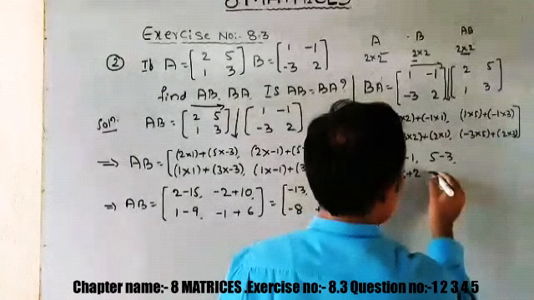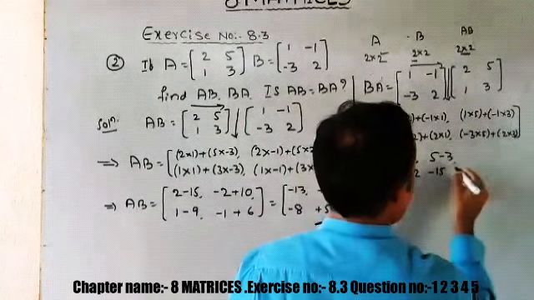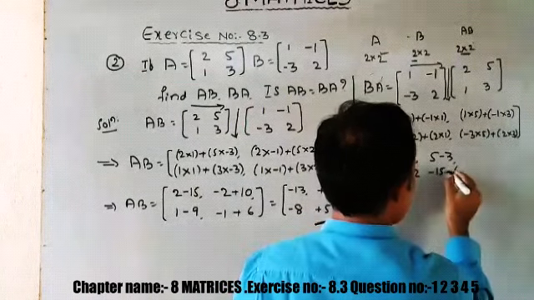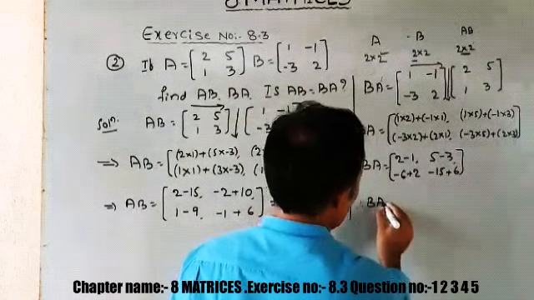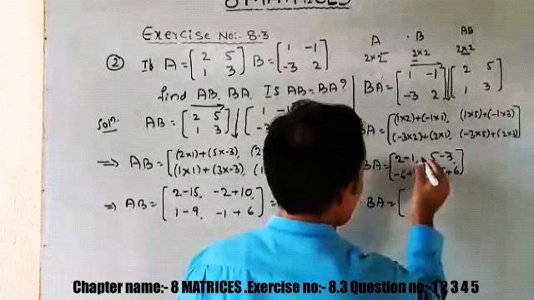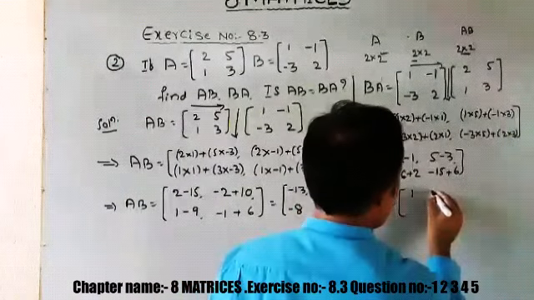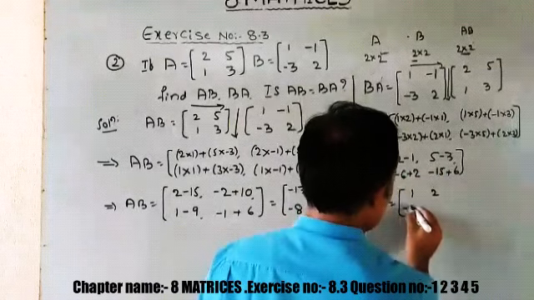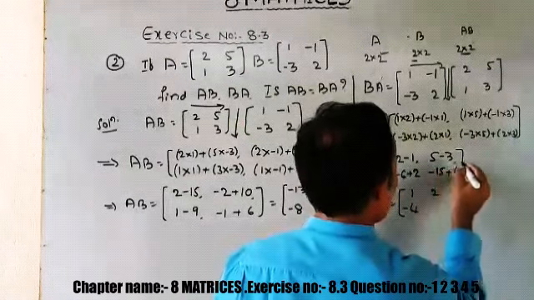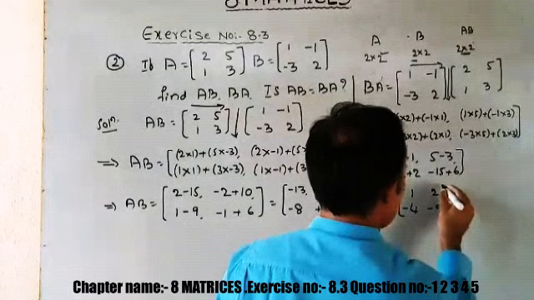Minus 3 into 5, minus 15, 2 into 3, 6, sign plus. So BA is equal to 2 minus 1, 1, 5 minus 3, 2, minus 6 plus 2, that is minus 4, minus 15 plus 6, that is minus 9.